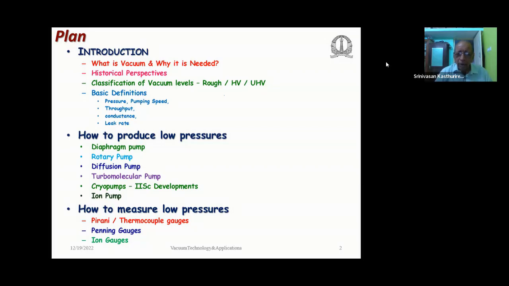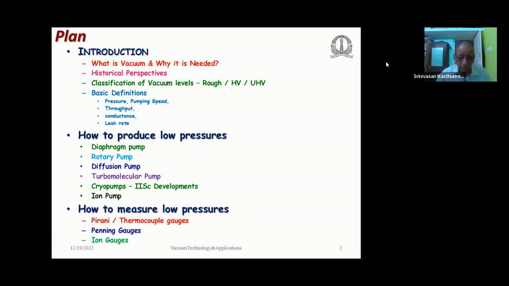Okay. Then we will move on to how does one produce low pressures? How do you get vacuum? So for getting the vacuum, you have different types of pumps. The pumps are, for example, diaphragm pump, rotary pump, diffusion pump, oil vapor diffusion pump, then turbomolecular pump, then cryo pumps, etc. And in the area of cryo pumps, IAC has done some amount of work in characterizing the activated carbons which are used for the cryo pumps.